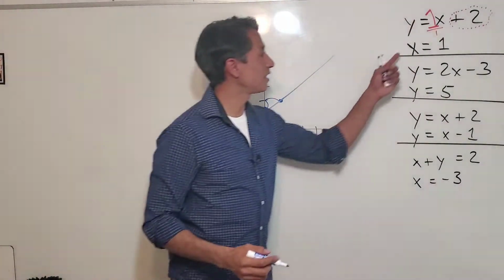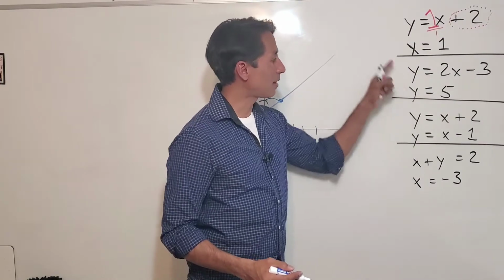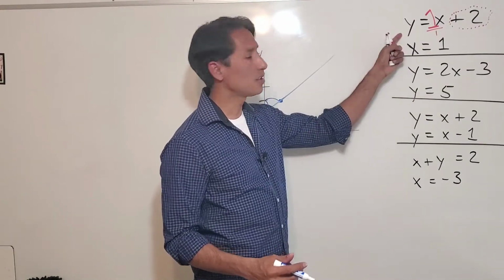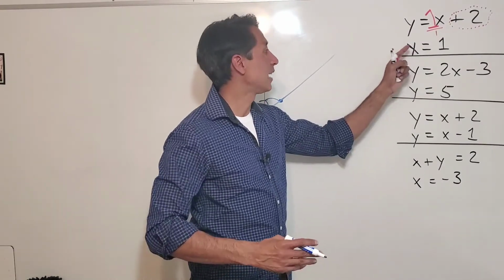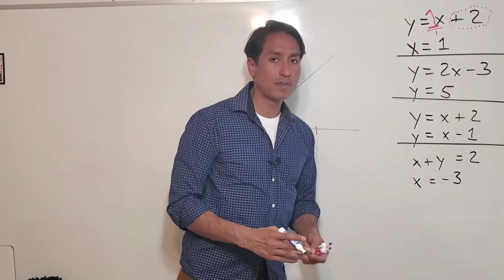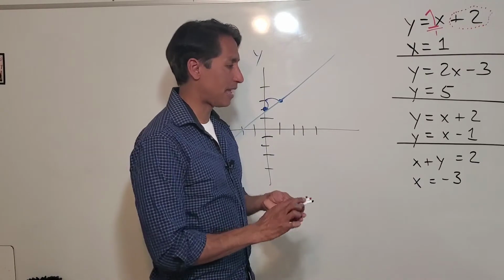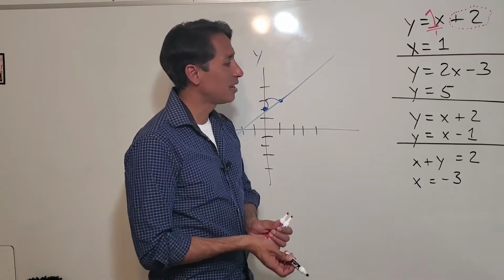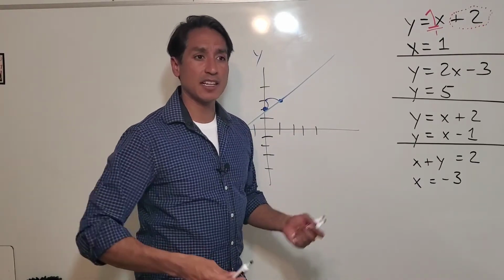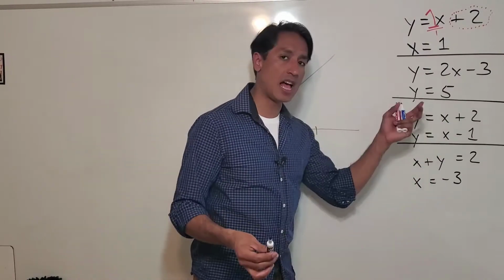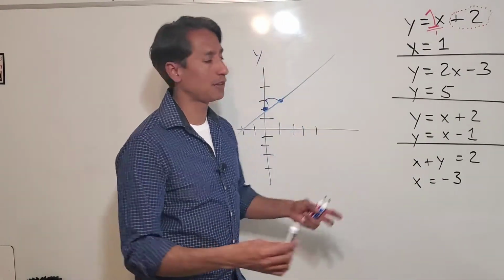The other one is a little bit tricky, and I wanted to include a couple of those because these ones you guys have gotten really good at. It's these guys that are always a little bit tricky. Now people look at it and they go, well, how do I know how to graph that? Is that a linear equation? Technically it is. It's an equation that creates a line, but it's a very different kind of line.